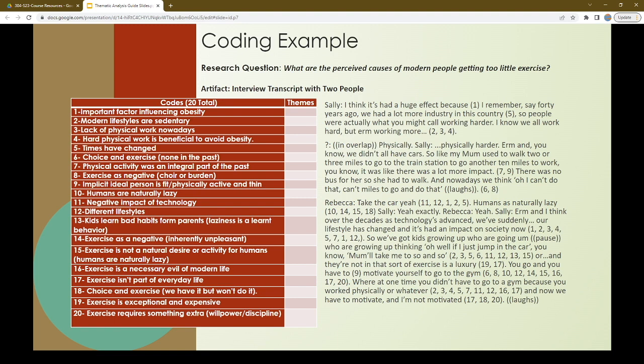So for instance, my transcript here reads, Sally responds, "I think it's a huge effect because I remember, say, 40 years ago, we had a lot more industry in this country. So people were actually what you might call working harder. I know we all work hard, but working more." She clarifies, physically. Sally says, "Physically harder.